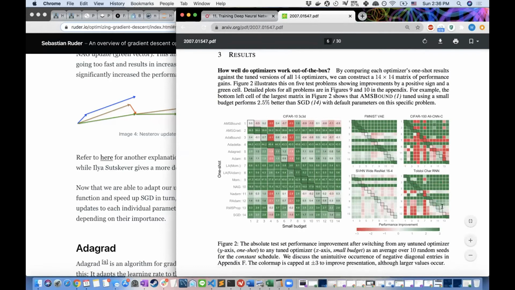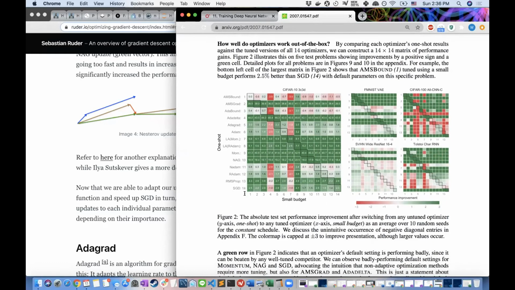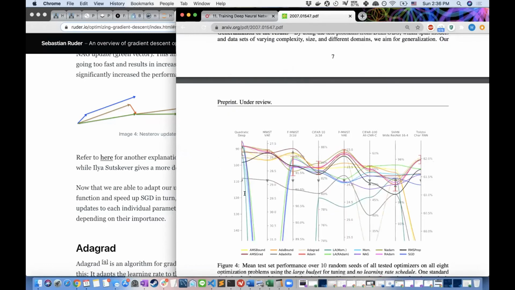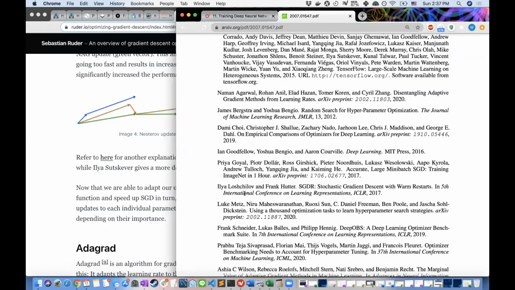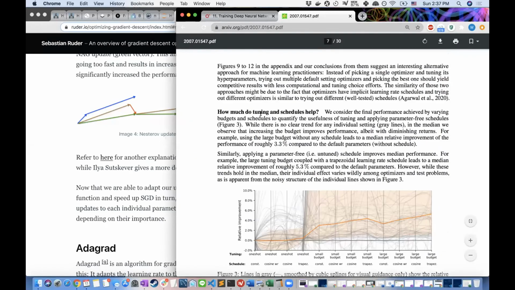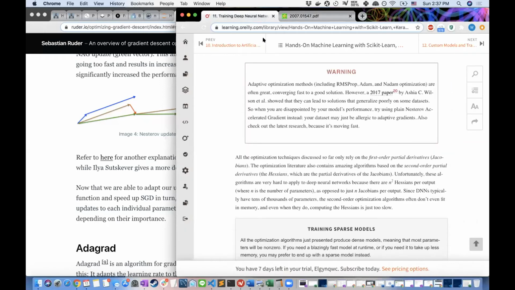Okay, this is cool. Comparing all kinds of optimizers in the heat map. Okay. Seems like a very cool paper. It was already posted in the Zoom chat, so if you're interested, feel free to read that.